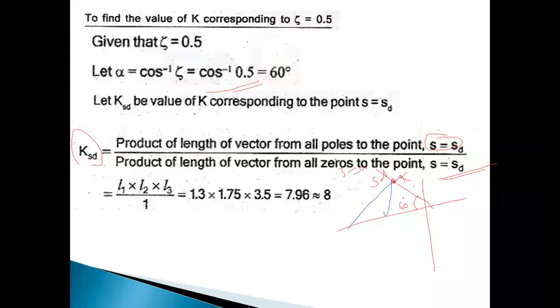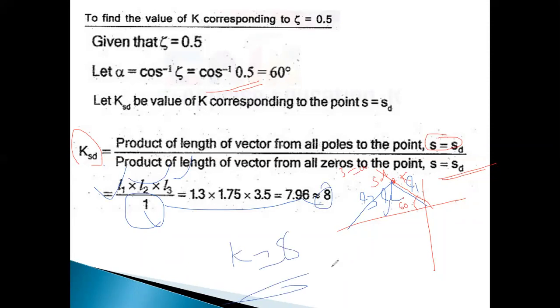This is the first pole, distance L1, second pole, distance L2, third pole, distance L3. So L1 into L2 into L3. There are no zeros, so we put it as unit value, and K is approximately equal to this. At K is equal to 8, the damping factor is 0.8. Like that, we can design a system for the desired output.